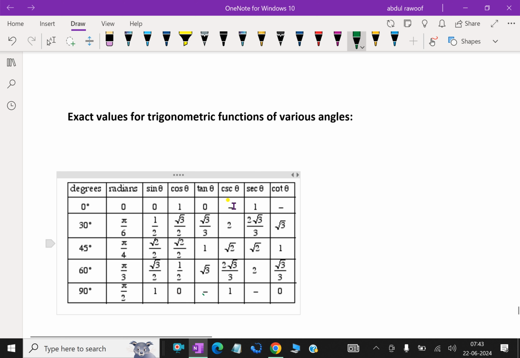Like this, cosecant is the reciprocal of sine. 1 by 0 is not defined, the reciprocal of 1 by 2 is 2, root 2 by 2 gives 2 by root 2, simplifying to root 2, 2 by root 3 reciprocal is 2 root 3 by 3, and the reciprocal of 1 is 1. Like this, all the other fillings.